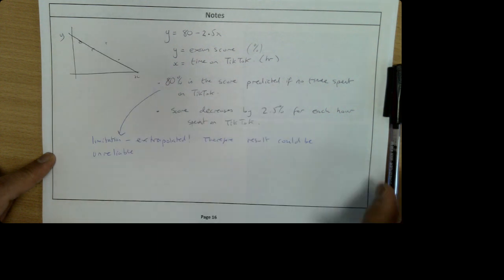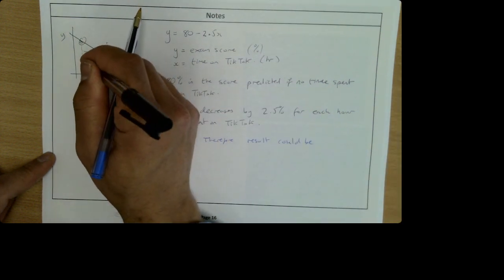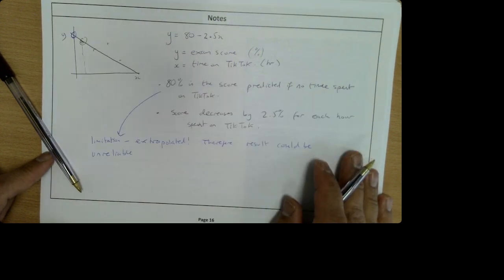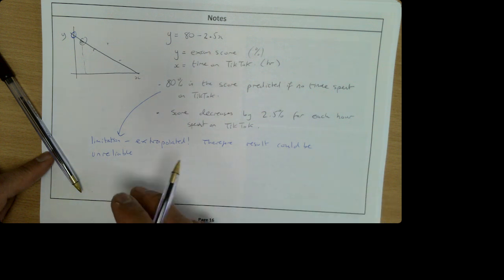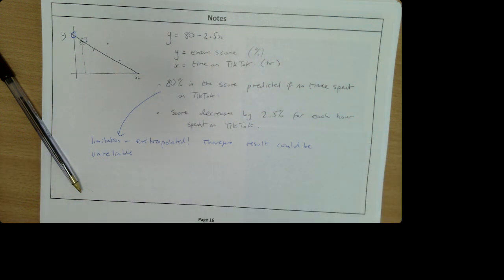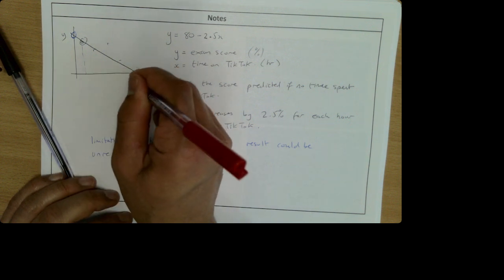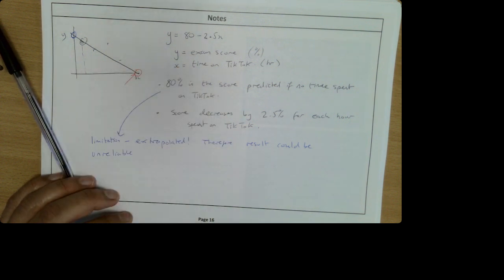Because our data point went to here, but we're predicting outside the data. In the same way, if I try to work out how much time you would spend on TikTok until you lost your mind and got 0 on the exam, I could predict that. There could be a time x, but that would be extrapolation.